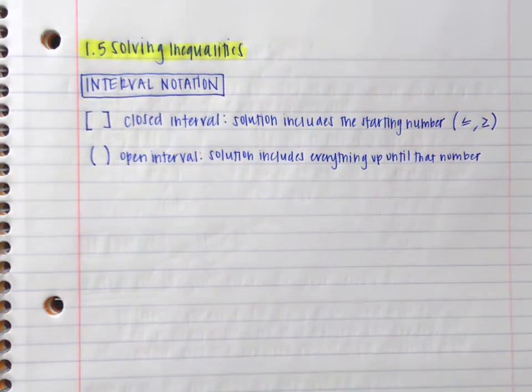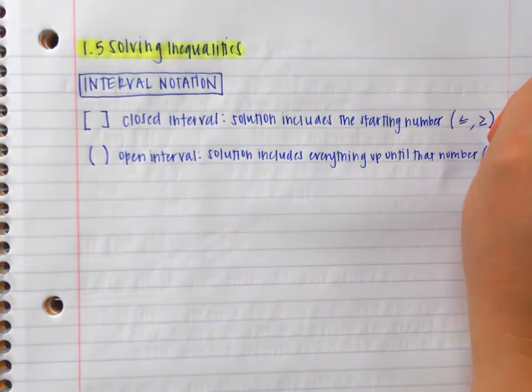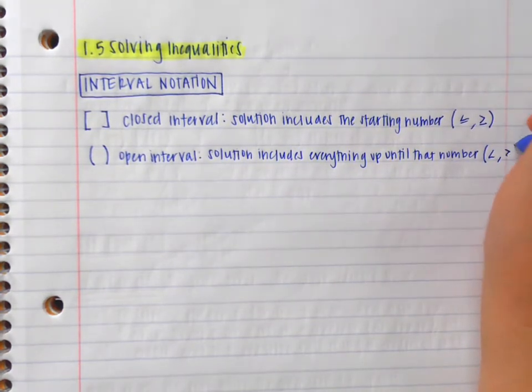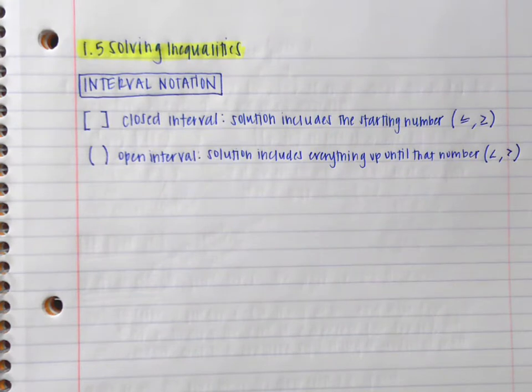So in inequalities, we use open intervals for less than or for greater than. So if I said x is less than 3, my solutions to that are every single number that's less than 3 but does not equal 3. So it's like 2.99, 2.999, 2.99999, but it's never 3.